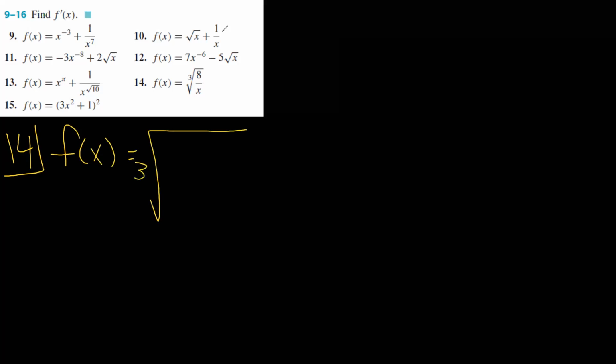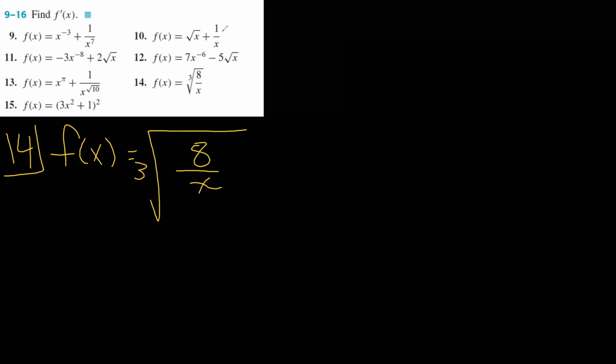Let's solve now number 14. In number 14 here, you have f of x equal cubic root of 8 over x. Now, can I distribute the cubic root on both numerator and denominator? Yes. You can distribute it only on the 8? No, on 8 and x.